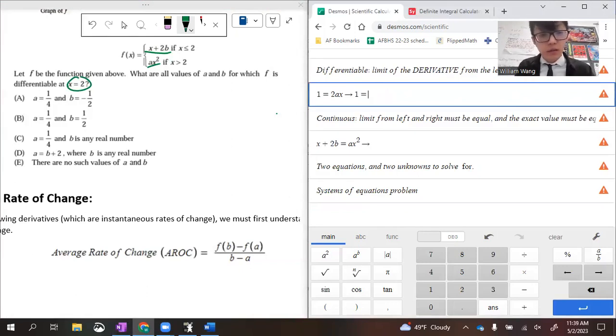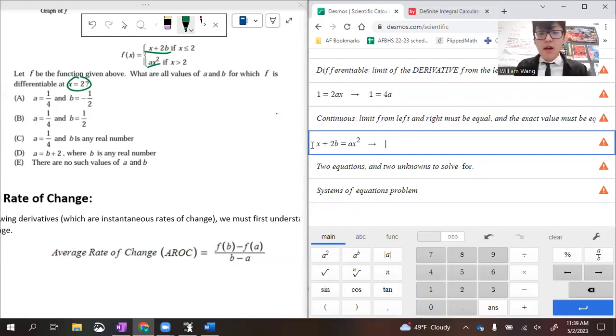So it's actually 4a. Right? Okay. X plus 2b, so 2 plus 2b is equal to ax squared. So that's 4 times a, right? Because x squared is 4.